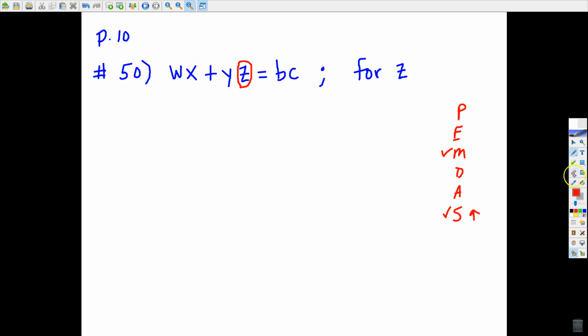Why did I do that? Sorry about that. I'm going to start by undoing the addition. Okay, so the way I undo addition, of course, is with subtraction. So I'm going to show these steps. I just subtracted wx from both sides.